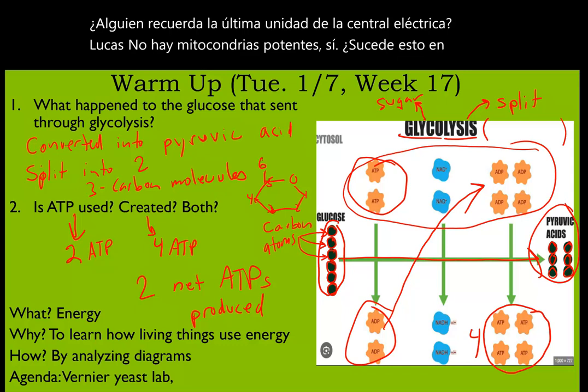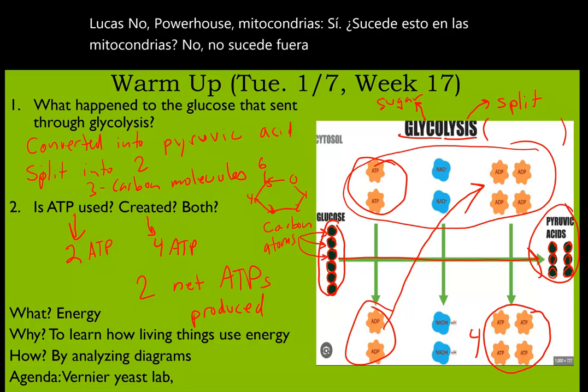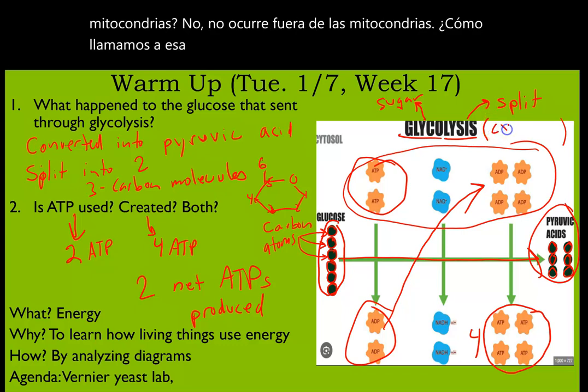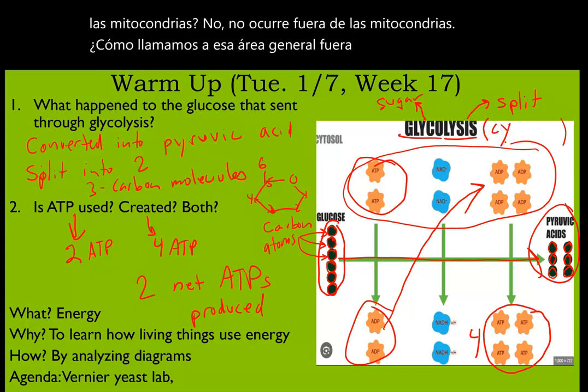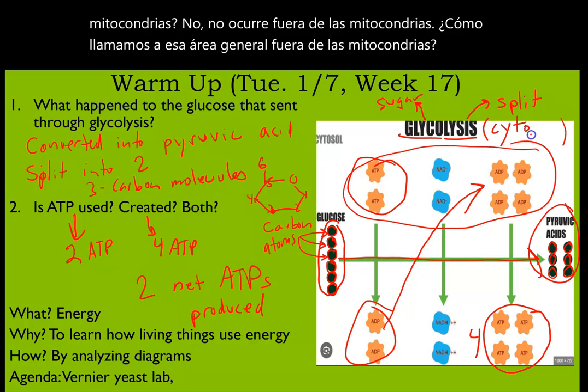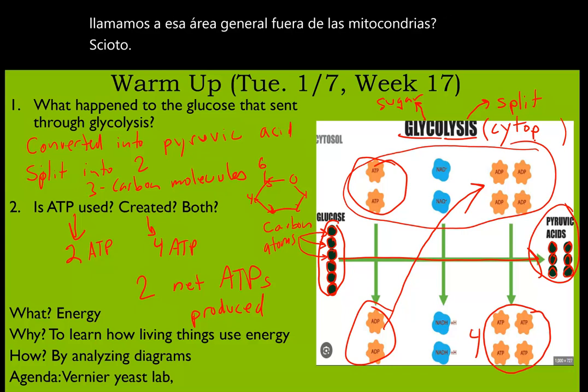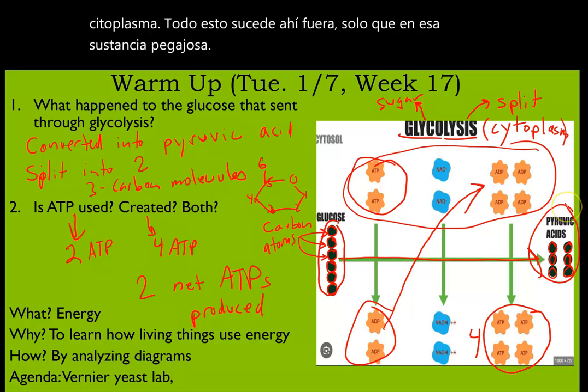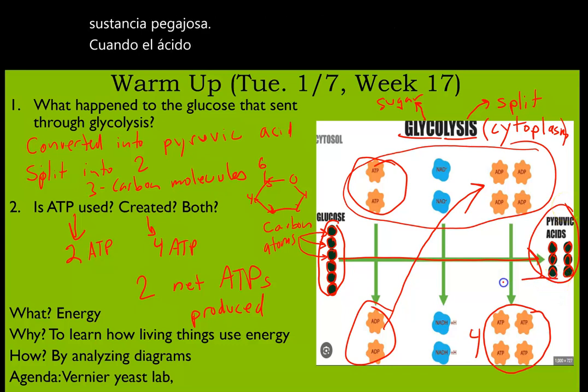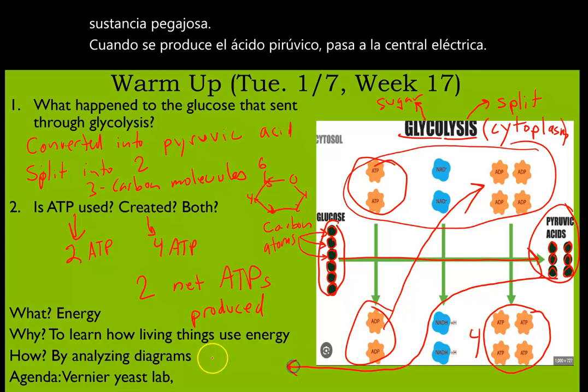It happens outside the mitochondria. What do we call that general area outside the mitochondria? Cyto. Wellman, can you finish this for me? Cytoplasm. Thank you. This all happens out there just in that goo. When the pyruvic acid is made, it then goes to the powerhouse, which is the mitochondria.